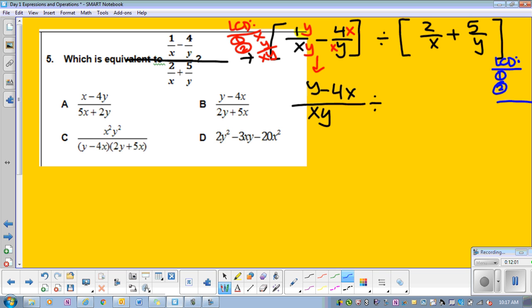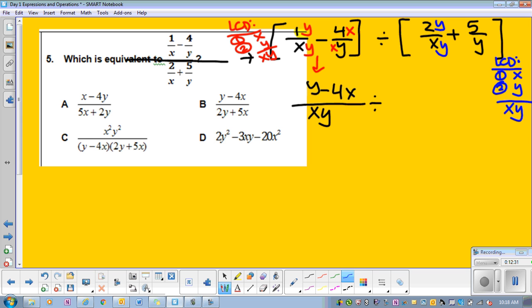I like this one because isn't it going to be the same LCD? Fraction 1, what's in the denominator? X. Fraction 2, do they have anything in common? No. So what is the LCD? XY. What is the first one missing to look like the LCD? Y. So multiply the bottom, you multiply the top. What's the second one missing?